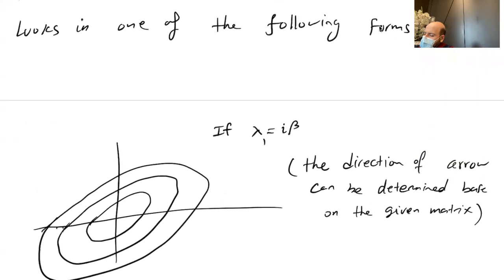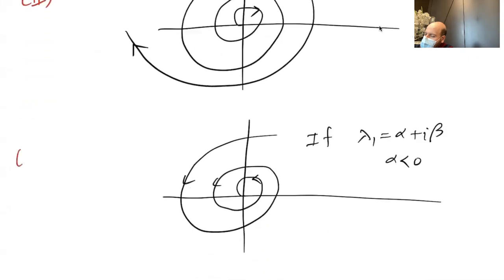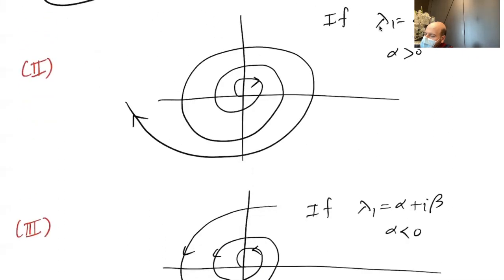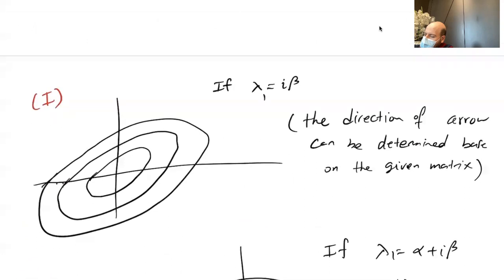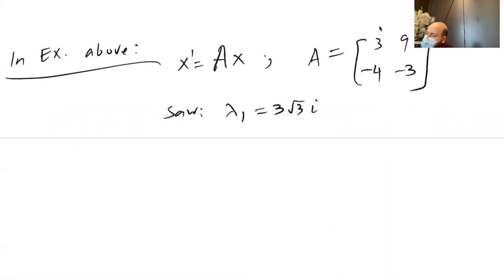That means we are in case 1. I can call this one case 1, this one case 2, and this one case 3. So we are in case 1 here because there is no real part for the eigenvalue. Now let's see how we can determine the direction of the arrow.